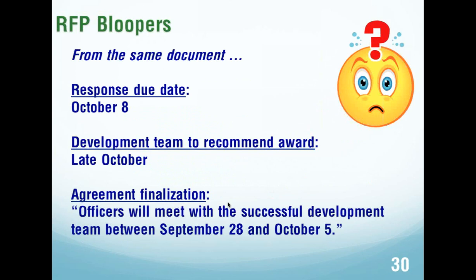They're going to choose the recommended team before the responses are due, or within like 2 weeks or a week. Just make sure all those things are logical and in order, and give you enough time to do what you need to do. But again, you don't want to have them backwards.